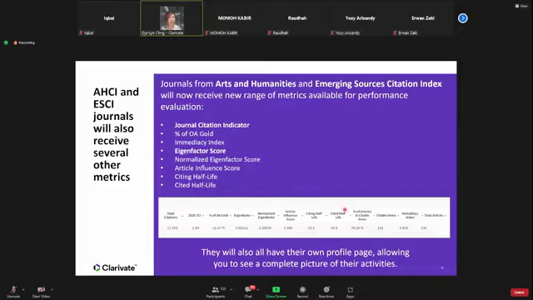So for cited half-life here, in terms of 10, it means that there's a potential to receive citations up to 10 years. So that means articles in this journal up to 10 years old are still receiving citations up to today. Okay. So I hope that this quick explanation is clear enough for those on the call. Otherwise, on the platform, there is always a more detailed explanation of each of these indicators.